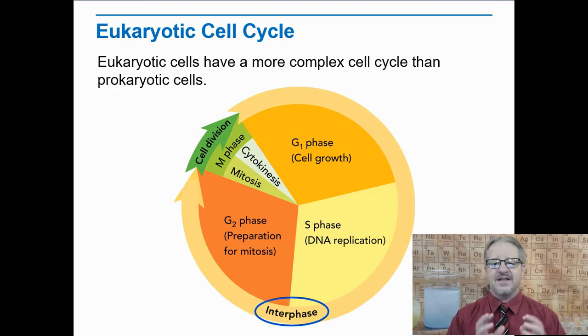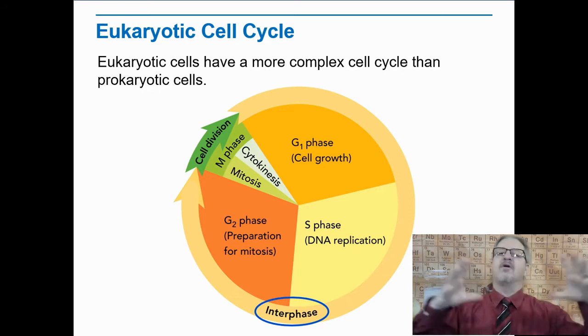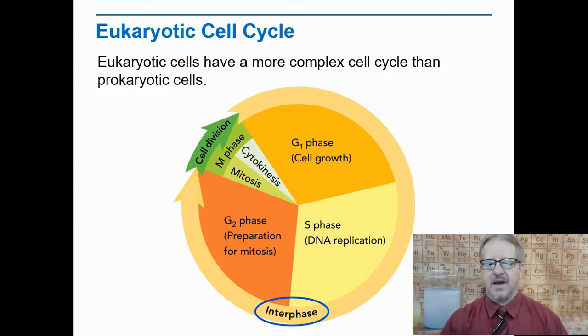Now, some students think that cells get continually smaller and smaller as they divide. But they don't, because they go through the G1 phase where the cell actually grows again. And then it divides, and they're smaller at that point, but then each of them grows again before they divide. And so it keeps getting cut in half and then growing back to full size.